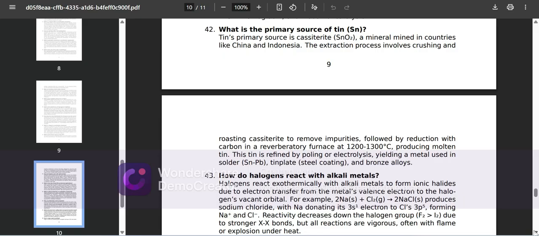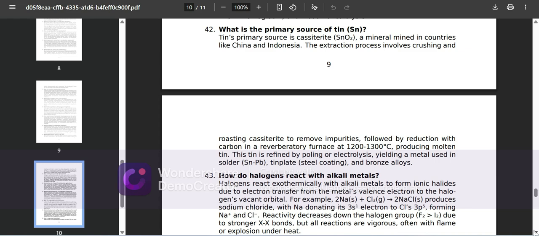What is the primary source of tin? The primary source of tin is cassiterite, SnO2, a mineral mined in countries like China and Indonesia.